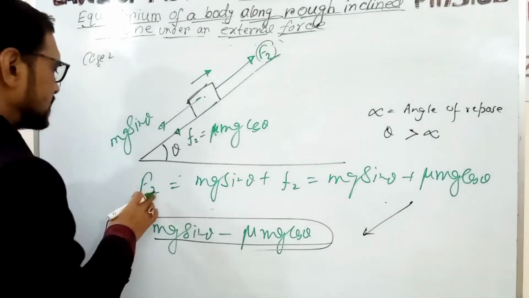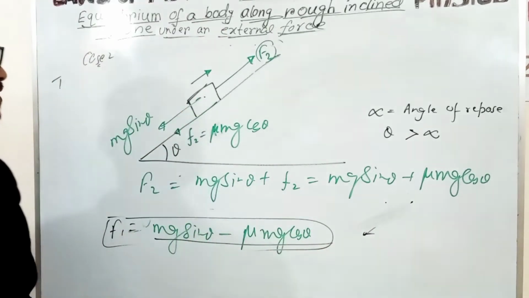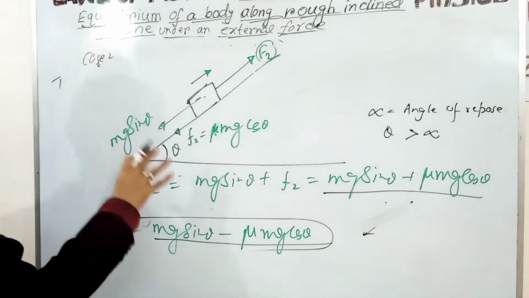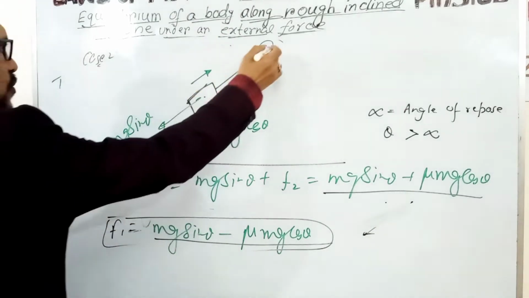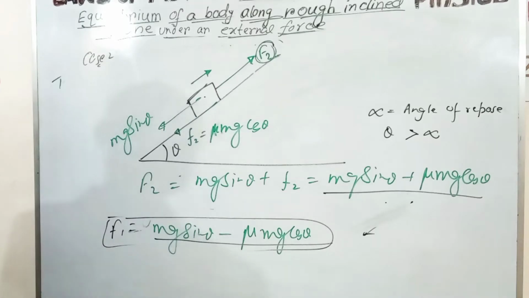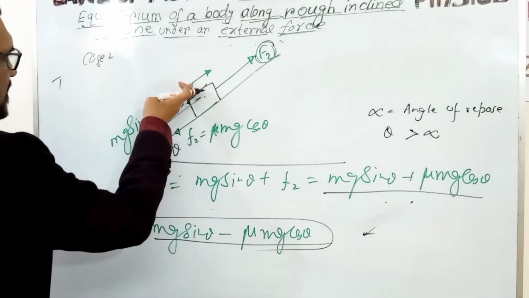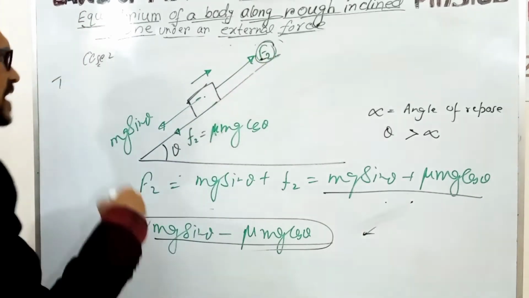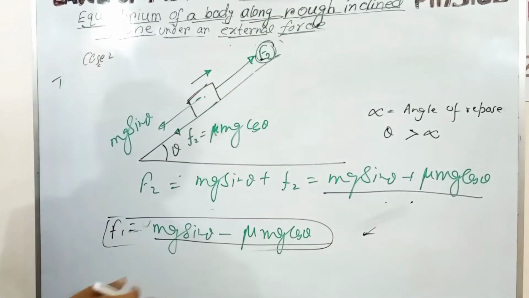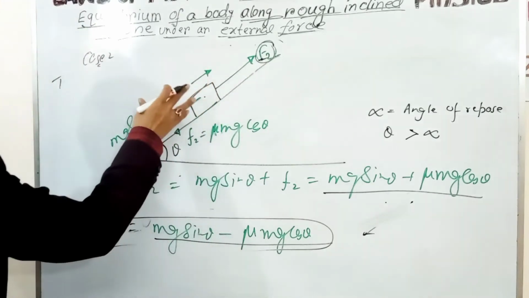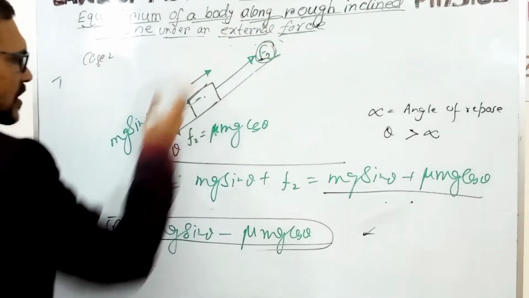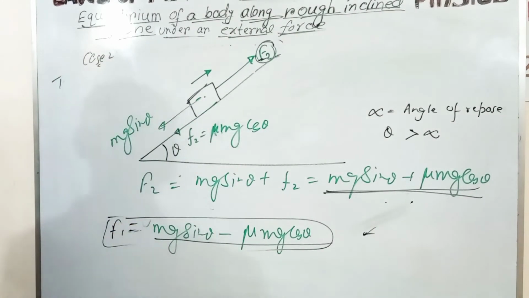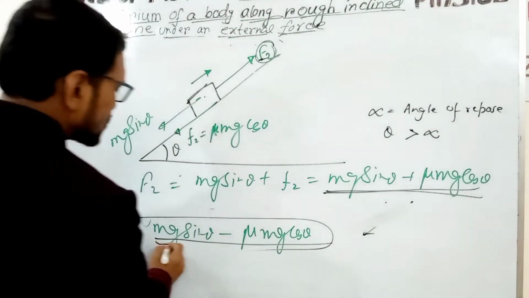So F2 equals this. This is the force required when the body tends to move upward but is not in motion. For applied force F2, the body is in equilibrium but tends to move upward. If a very little more than F2 is applied, then the body moves upward. But at F2 the body is not in motion, it just tends to move upward. So F1 is the force required when the body tends to move downward, and F2 is the force required when the body tends to move upward.